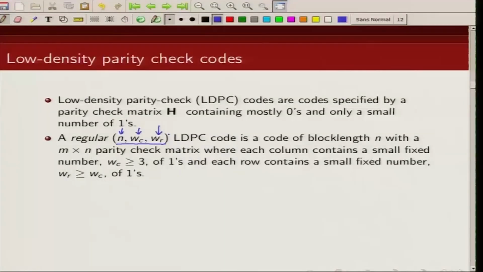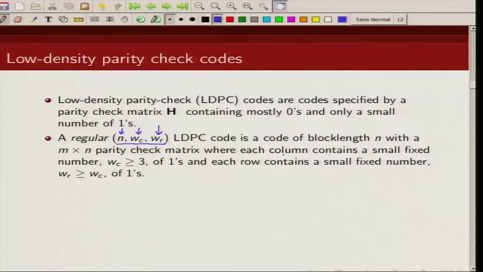Again, for a regular LDPC code, the number of ones in each row is the same. So, a regular LDPC code is specified by the block length n, the number of ones in each column and the number of ones in each row.